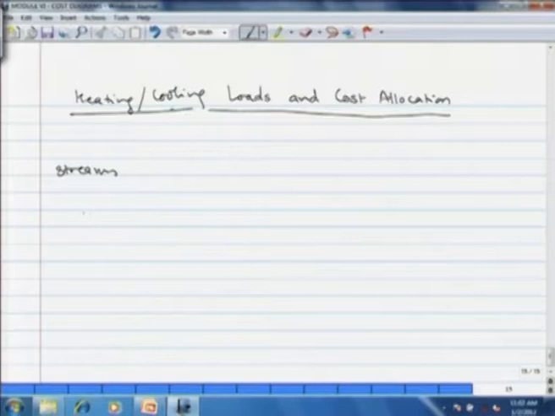There are again three streams: gas recycle, liquid recycle and fresh feed.